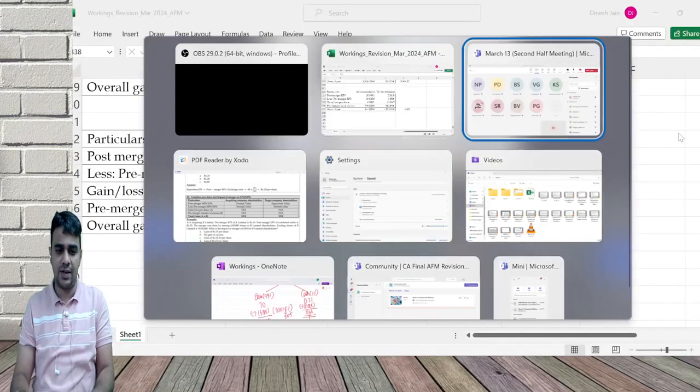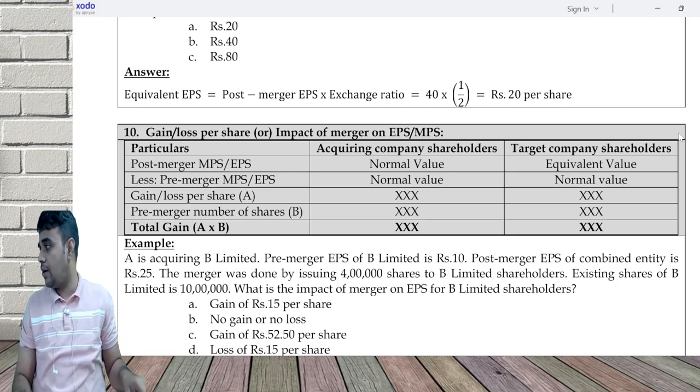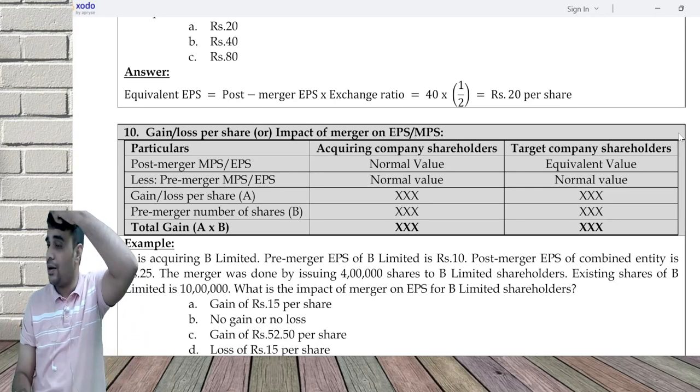Okay, let's continue with the discussion. I have explained some of the concepts. We have done the concept of how the exchange ratio is determined. The merger table format was explained to you, and gain or loss computation.